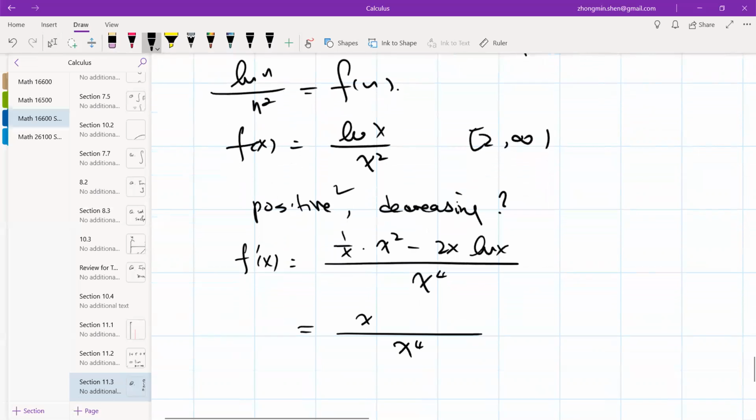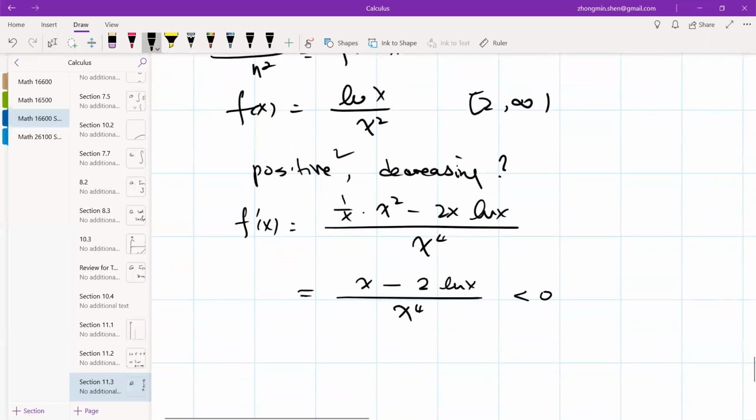So you get x, right? Minus 2. Wait a minute. Am I right? Hold on. I'm confused. The derivative of the numerator times x squared, the denominator, minus the numerator times the derivative.